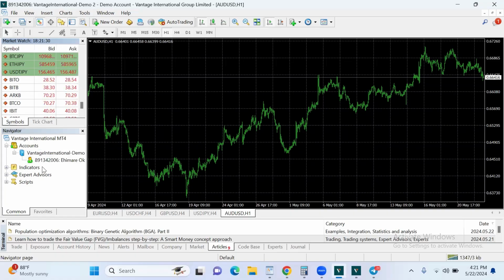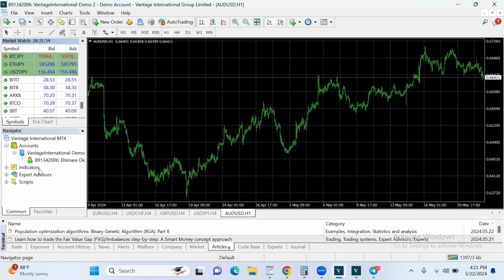Then you will see indicators. Indicators are tools on the MetaTrader platform that are used to read market direction. There are many of them on the chart. We're going to have a time where we'll discuss indicators properly. But indicators are many, there are several of them.